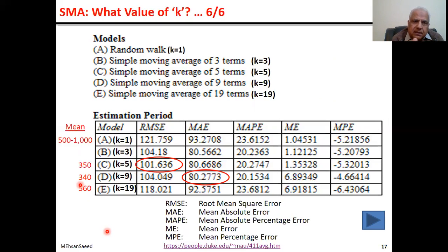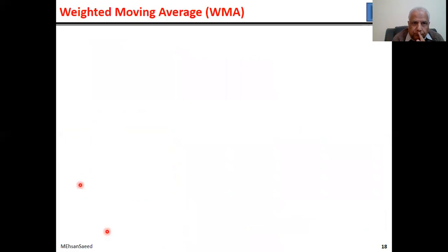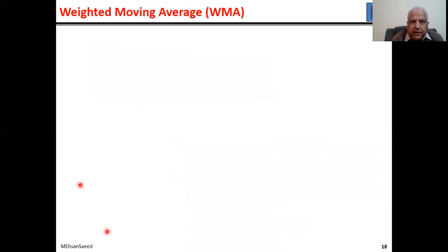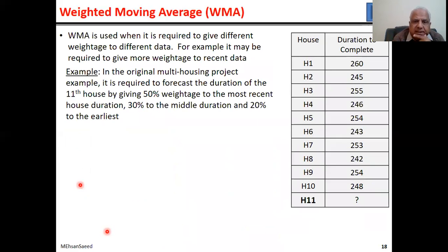Now let's take a version of simple moving averages called the weighted moving averages. In simple moving averages, let's take this data set. These are the actual values. I haven't written the previous forecast values. These are the previous actual values.